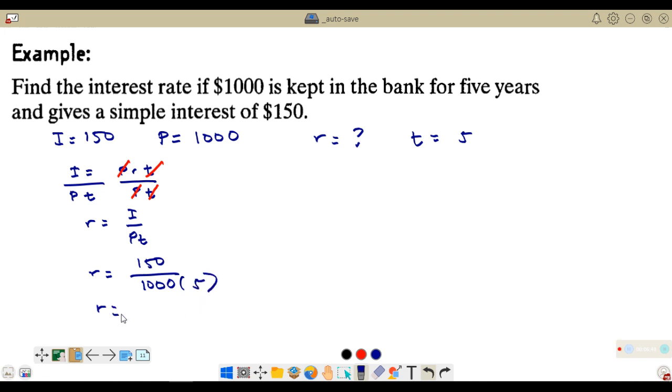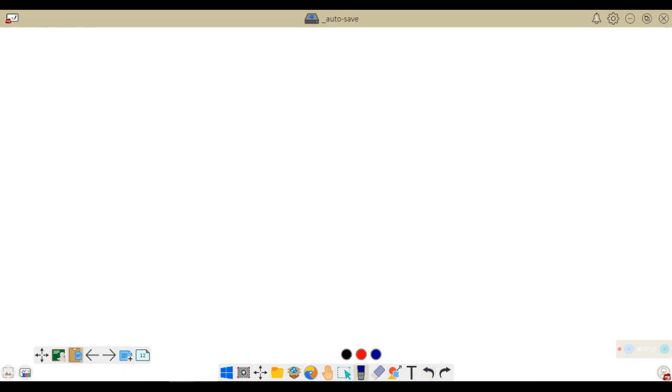R is equal to, kuha kayo ng calcu ulit, 150 divided by 5,000. So, 150 divided by 5,000 is 0.03 or 3%. Okay? Dali lang nito mga ginagawa natin.